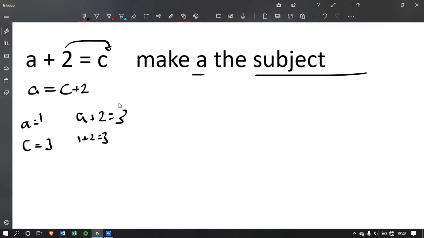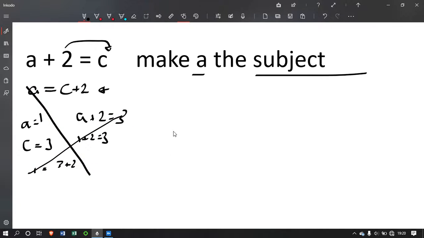But if we use this logic, that A is equal to C plus 2, which means 1 is equal to 3 plus 2, well, that's not the case, because 1 is not equal to 3 plus 2, and 3 plus 2 is equal to 5, so this is all wrong.